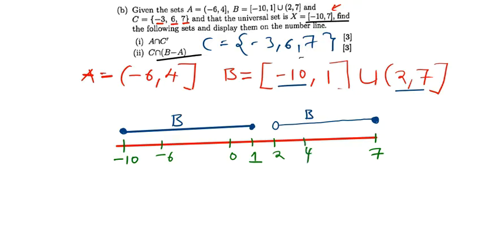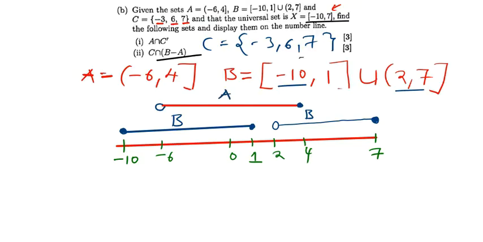So our A is running from this point up to that point. Don't mind my lines that are not straight. So negative 6 is not included. Well, 4 is by the brackets. So this is set A.